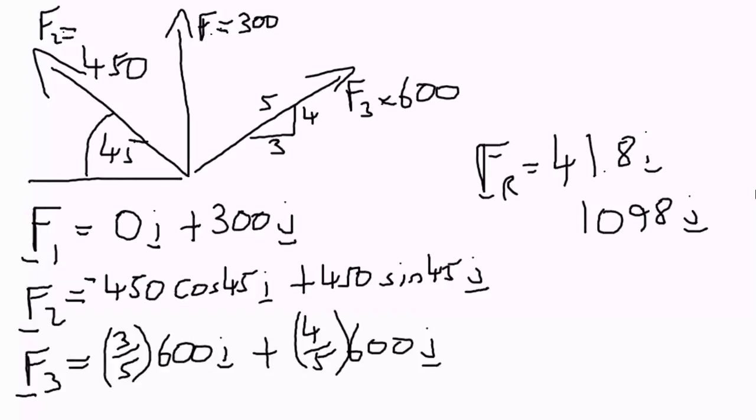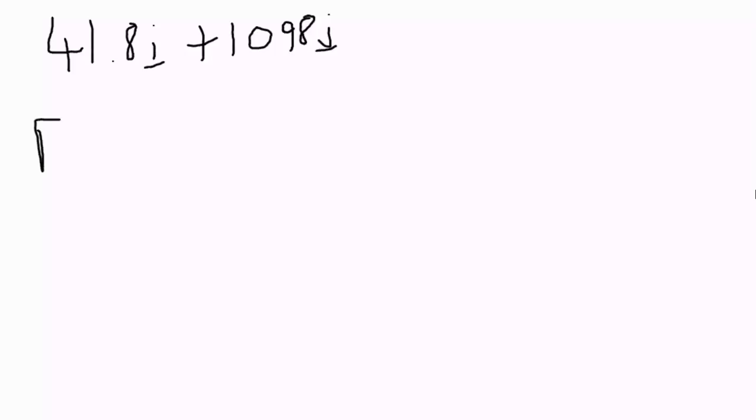If I just clear the screen, I'll show you what to do next. So we had 41.8I plus 1098J. To find our overall magnitude, the size of the resultant force, we say Fr, and this is not underlined because it's not a vector, it's the magnitude of a force, how big it is.